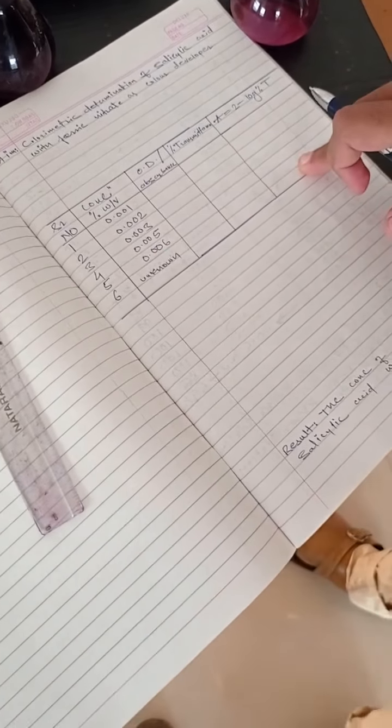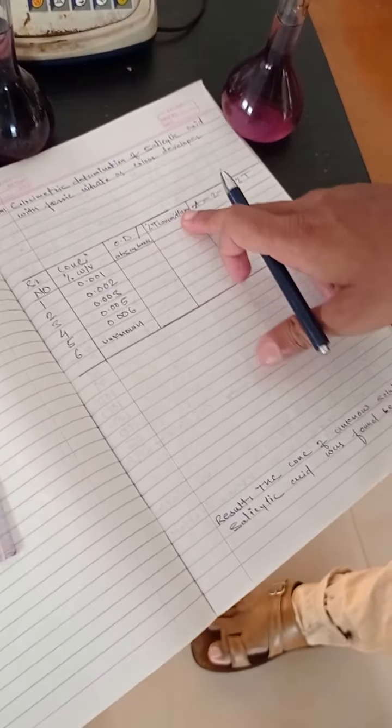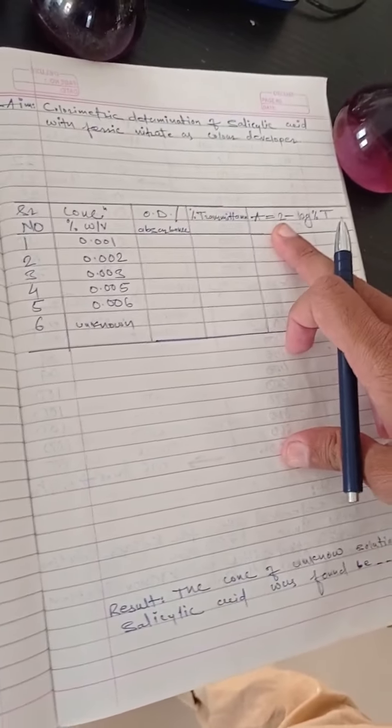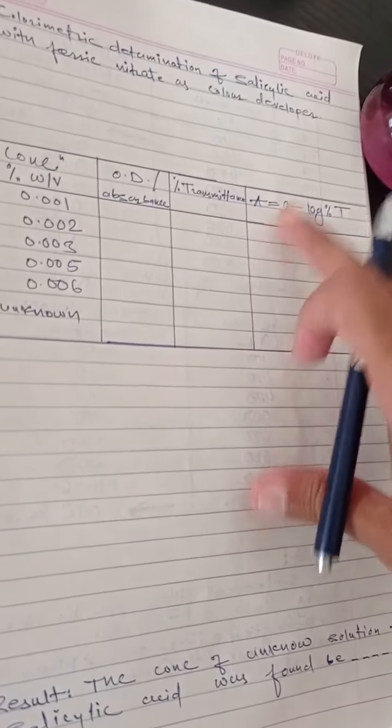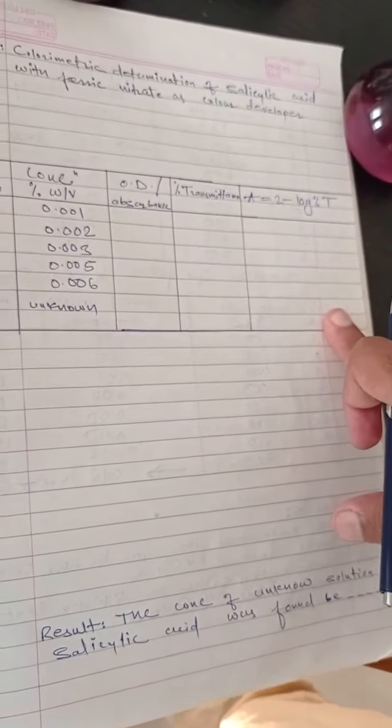In this table we are identifying the optical density and absorbance. Next is the percent transmittance, which we can identify using the colorimeter. This is the absorptivity. By this formula we can identify the absorptivity of this solution.